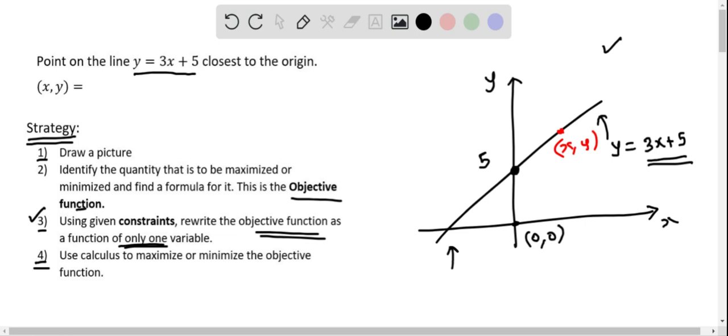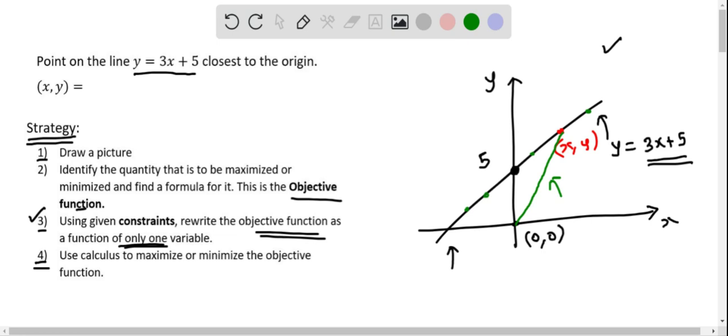The important thing is that we need to find the point. The point could be anywhere here, like this, or like this. Considering any arbitrary point, we have to find its shortest distance from the origin. If I join this as a line, this is the distance.